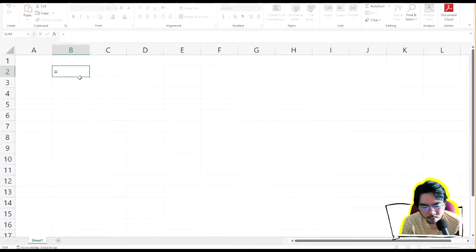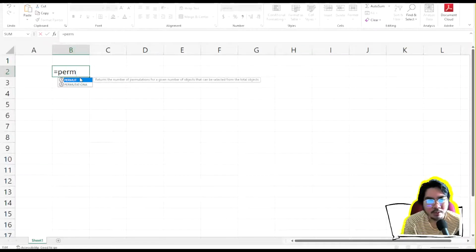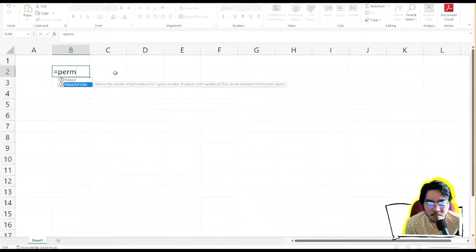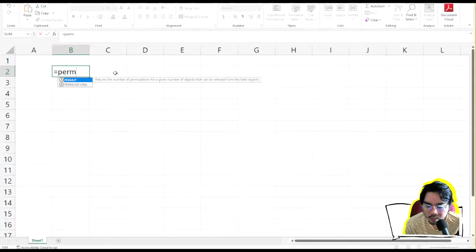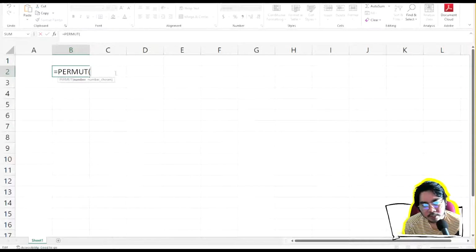If I do, for example, permute, kahit PERM pa lang yung sinelect ko, nakita nyo naka-highlight na yung permute, pwede rin I can go up and down. So if I press the up and down arrow keys, pwede kong i-select siya, no? Para ma-select ko siya, just press tab. So if you press tab, isa-select niya yung autofill na yun, kumbaga.